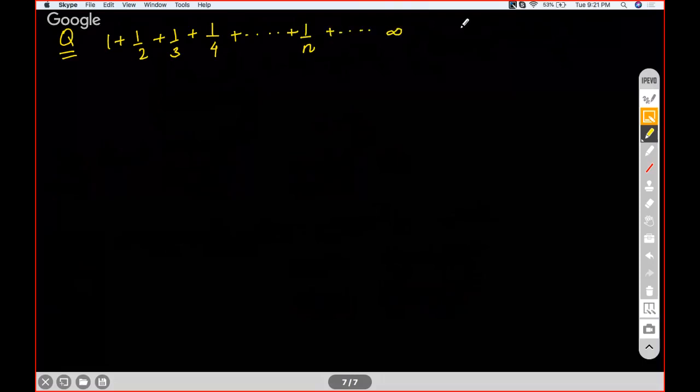Does it diverge or converge? It converges.